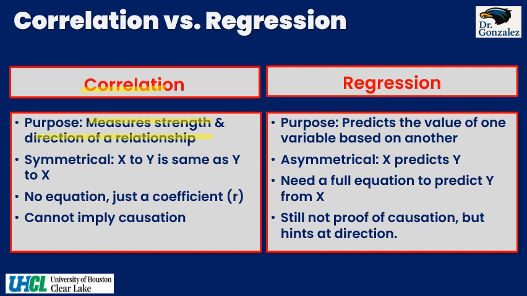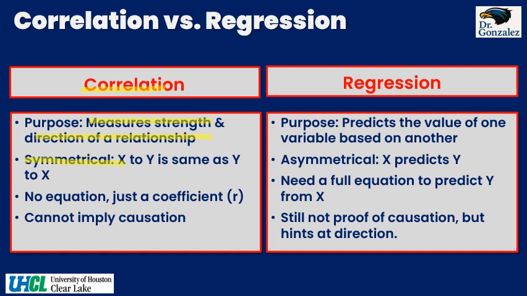So I have one variable and I have another variable, and they're related. That relationship is symmetrical. X affects Y, and Y affects X, and their effect is equal. If I look at X affecting Y, and then I turn around and look at Y affecting X, it should be the same.